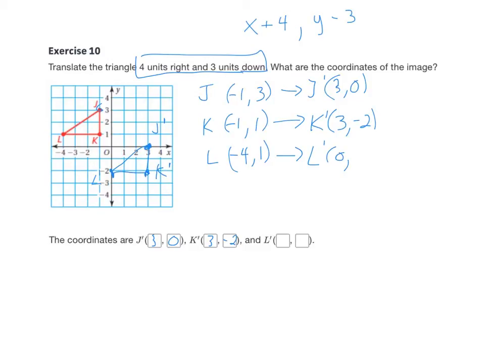And 1 minus 3 is going to be negative 2. So we should get 0, negative 2. So you can do this part without a graph. If you wanted to, you could have just looked at the graph pictures and said, J prime is over 3 up 0, K prime is over 3 down 2, and L prime is over 0 down 2. So I wanted to show you both ways to do it.